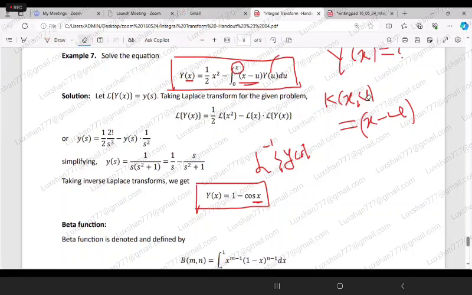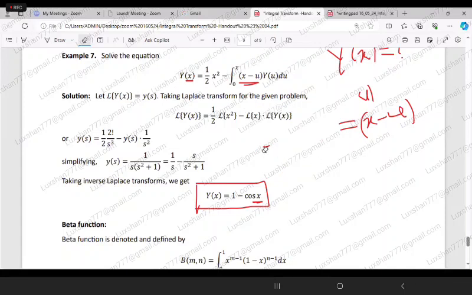Okay, fine. So here the crucial part is that in solving this we are using the convolution theorem. Normally you will get a convolution type integral equation. Then you will be able to use the convolution theorem to find the Laplace transform of this kind of integration. So you have to recognize that this integration is actually of convolution type.